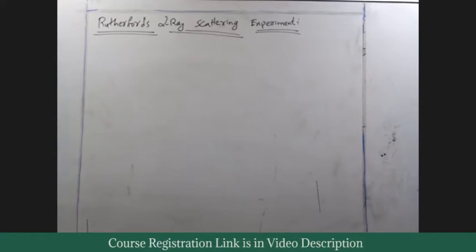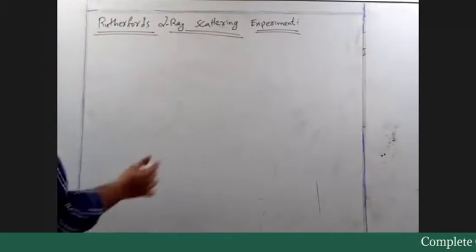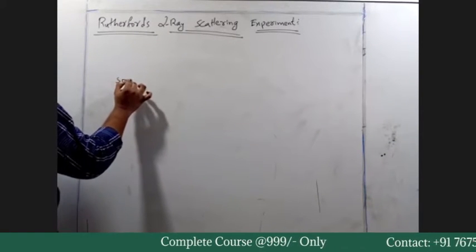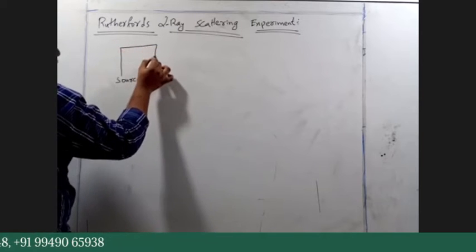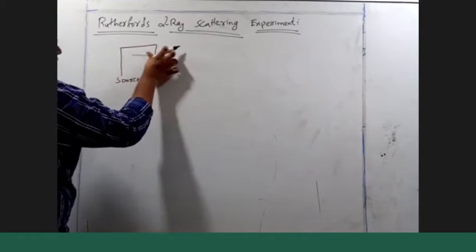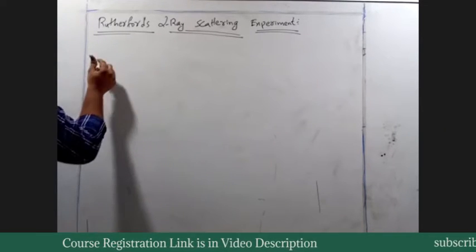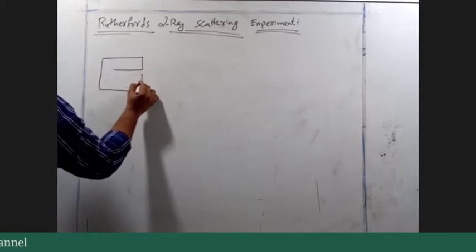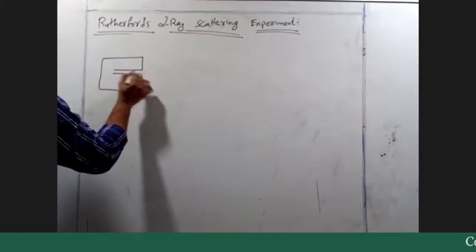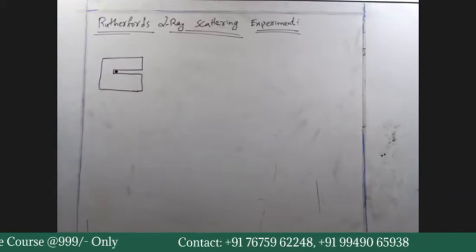So initially in Rutherford's experiment, what we have is we have a source. Yesterday we have given an idea. So we have a source. So that source will be like this. Okay, this is our source.